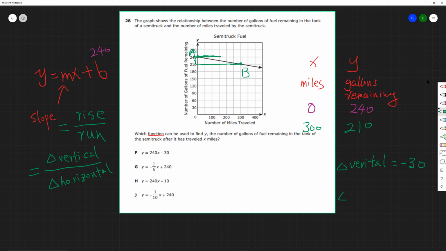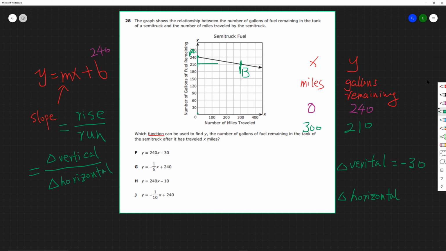Now let's determine their horizontal difference. Between point A and point B, the horizontal position for A is at 0. And the horizontal position for B is 300. So the truck traveled from 0 miles to 300 miles.